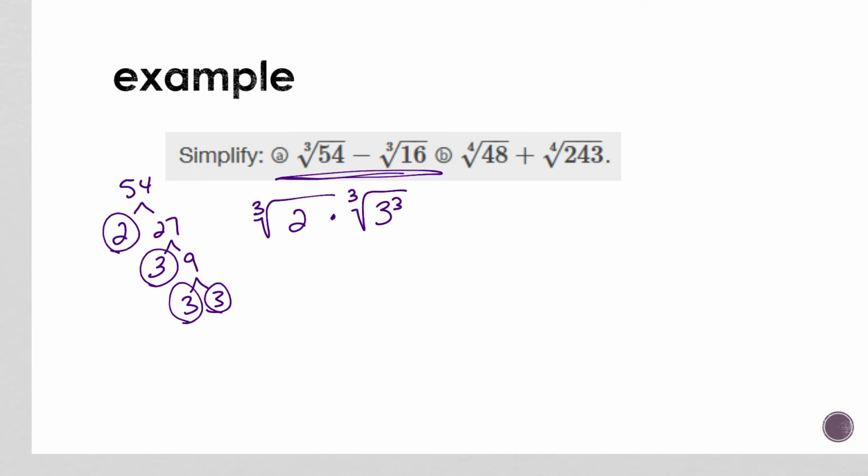Okay, so now let's do the same thing for 16. I'm going to make a factor tree over here. 2 times 8, 2 times 4, 2 times 2. So then the cube root of 16 turns into, let's see here, the cube root of 2 to the third power times the cube root of 2, right? Because we have a total of 4 2's here.